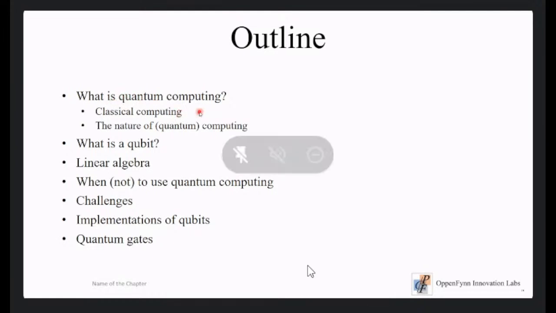By now we all know what zeros and ones are, and the gates that are used. So I'll try to compare it to classical computing. In classical computing, we use bits, zeros and ones. And in quantum computing, we use something called quantum bits, or qubits. So again, I'll introduce qubits by comparing them to classical bits. I'll go into the nature of quantum computing.